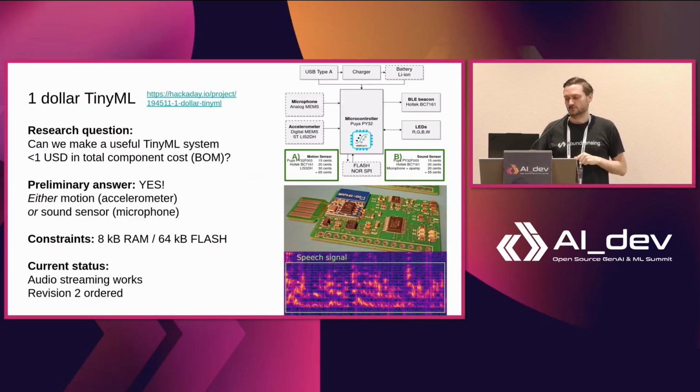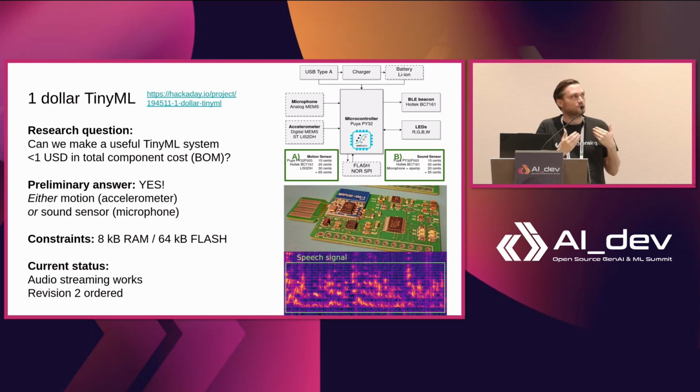And here's another research project that I do, looking at what the limits really are, like how small can we go, or not physically small, but how simple can we make things that are still a usable system. I was able to put together a complete system, including a power solution and wireless, that is under $1 in total bill of materials.